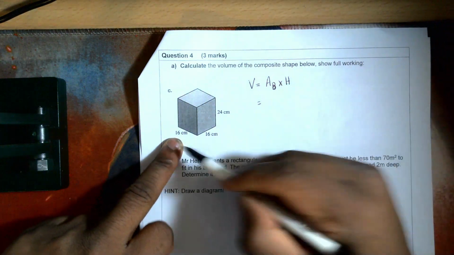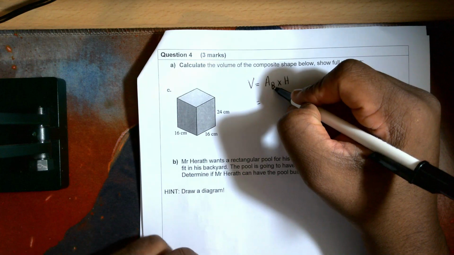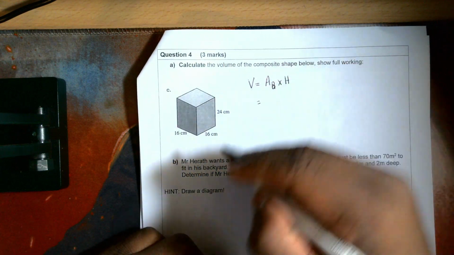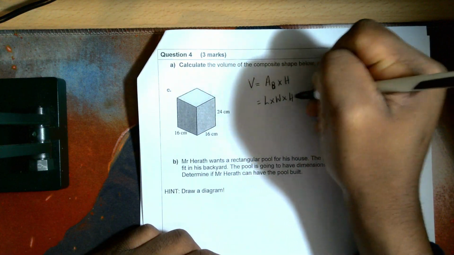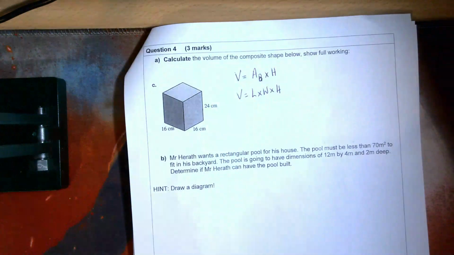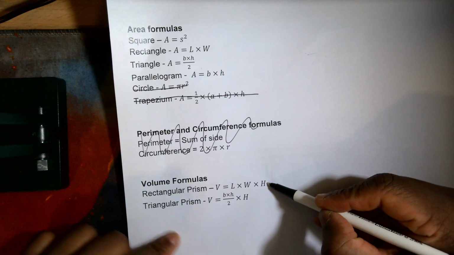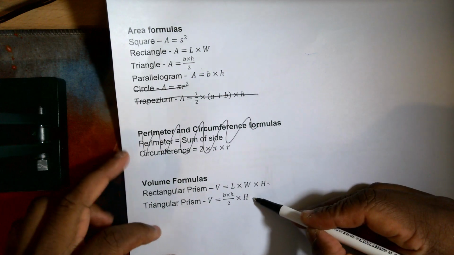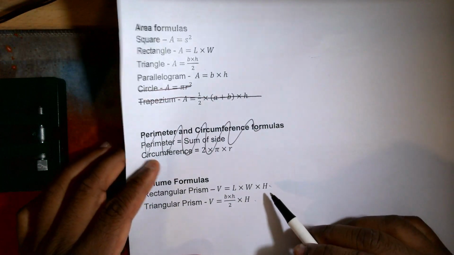We know that this is a rectangular prism, so the base shape is a rectangle. That means we need the area of a rectangle, which is length times width times height. So you guys, you're very lucky. We've given you the formula for a rectangular prism and a triangular prism here. So use your formula sheet is what I'm saying.